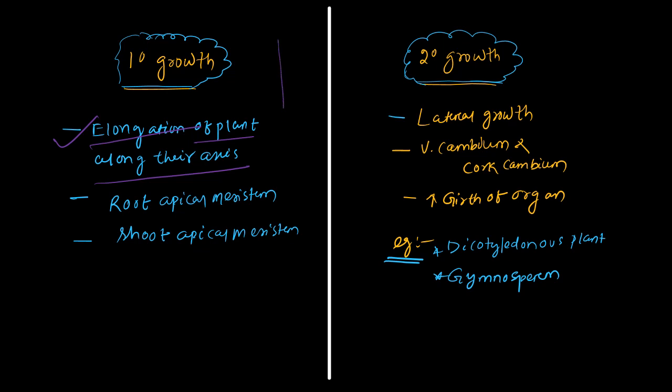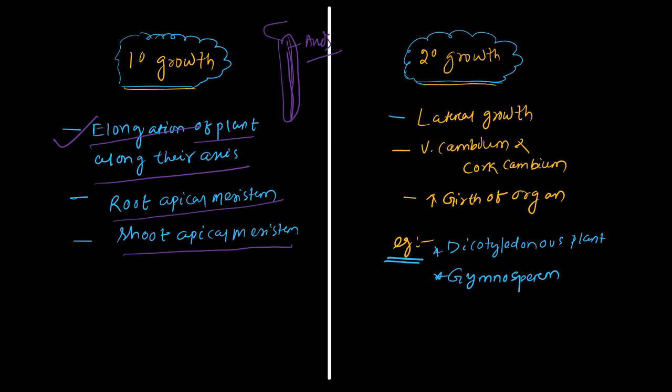Please concentrate here. This is a plant. If the growth is vertical, at the axis level, it is called vertical growth. Examples are the root apical meristem and shoot apical meristem. This is known as vertical growth.